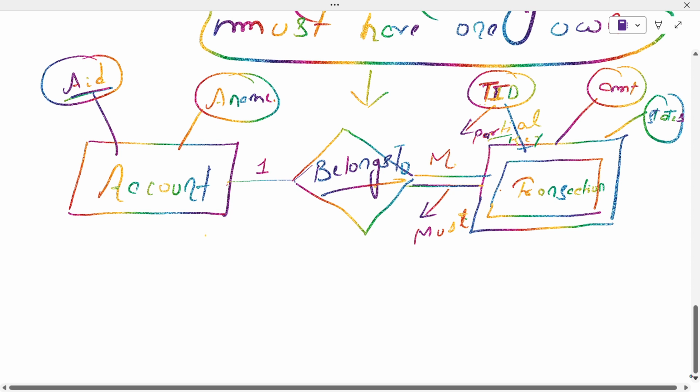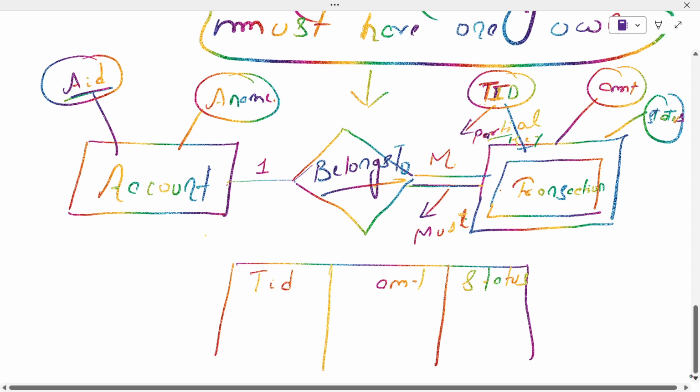Another example, let us illustrate it if you want, like if we have this transaction. We have this TID and we have this amount and we have this status, sorry, it's status, not state. Okay, and we have the transaction ID, let's say T1, and for T1 we have the amount 5K and the status is withdrawn.